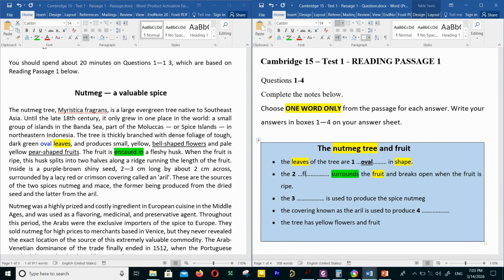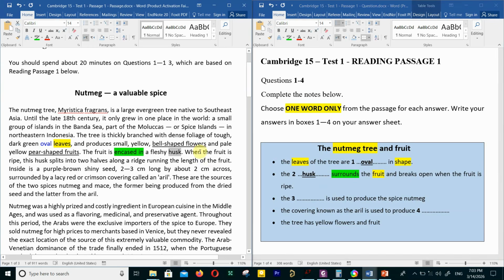So should I write down fleshy husk? Not at all. Why not? Because it's already said to choose one word only. So not fleshy husk. It's just husk. So be careful about how many words you write down in your answer sheet.